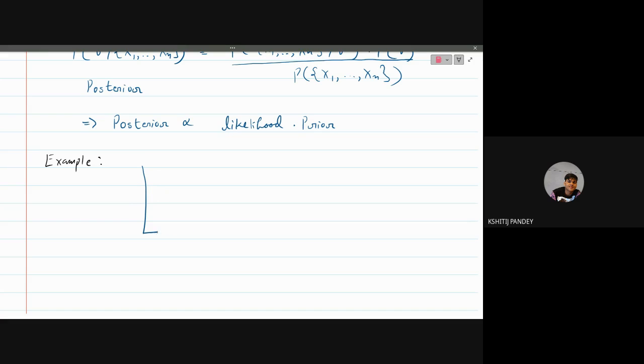So the probability density for p is somewhat like this.